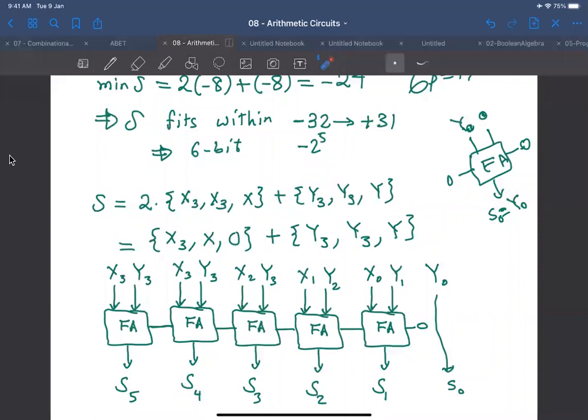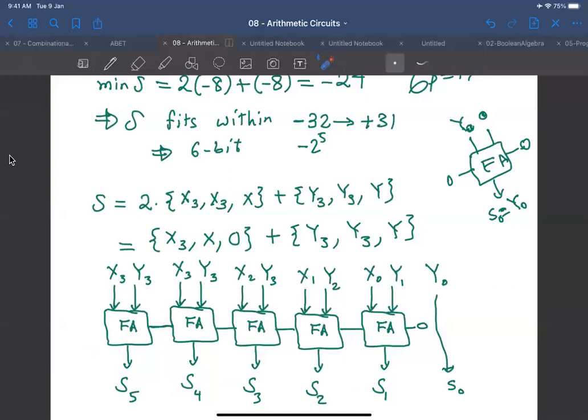Then y1 will be added with x0, and then y2 will be added with x1. This is because of the shift operation that we did. And eventually, at the end, we have the same bits. These two bits are going to be the same. So these are the 6 bits of the result, and you can never have an overflow here because this carry here will be equal to this carry here, okay? Must be.